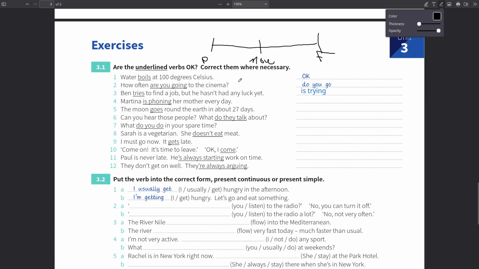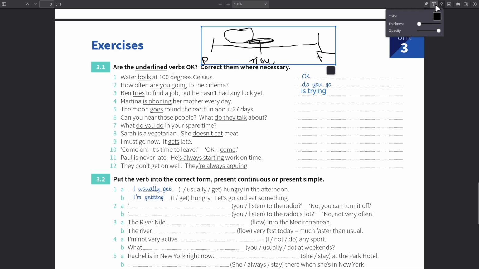Okay, so when we say he hasn't had any luck yet, we are talking about the perfect tense. So we are talking about this specific moment. This is the present, right? And because he hasn't had any luck finding a job, he's still trying to find one. So we are talking about the present continuous because he's still trying. He's still doing an activity. In this case, he's doing an action to try to find a job. Okay?